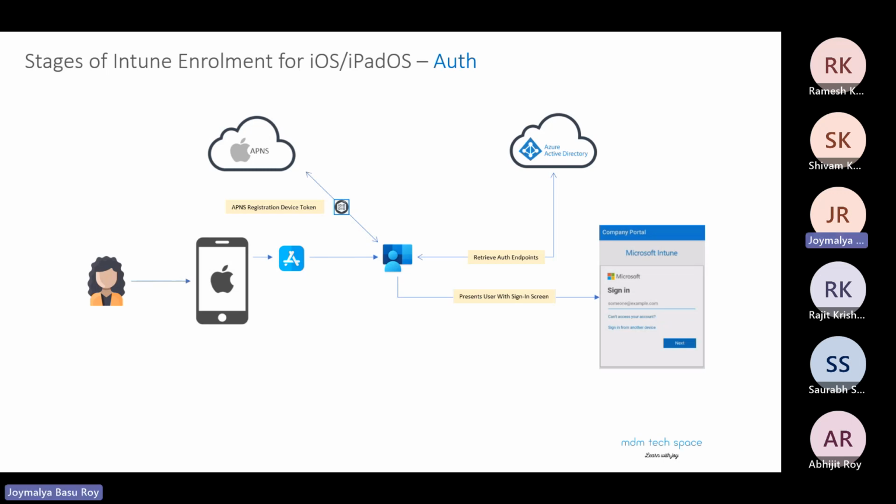The user puts the credentials here. Once I put my email address or UPN in there, an authentication request is sent to Azure AD, a part of which is home realm discovery. We will come to that later.